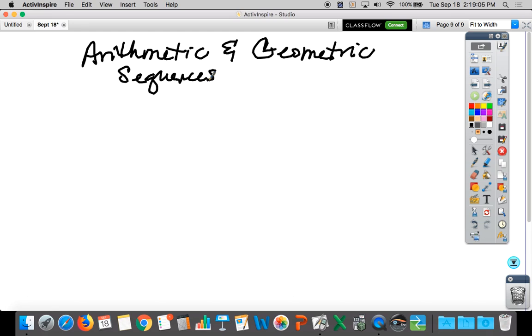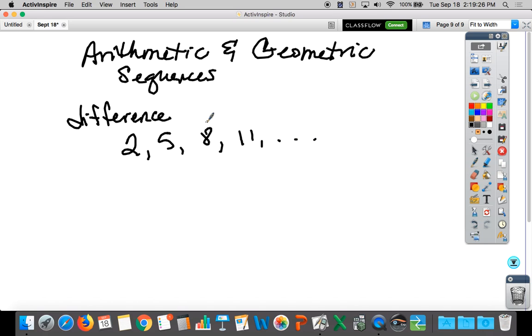All right, so an arithmetic sequence is a sequence of terms that have a common difference between them, okay? So let's do this: 2, 5, 8, 11, dot, dot, dot. Sometimes this is really easy to see. This is a change of what? 3. The common difference is 3.